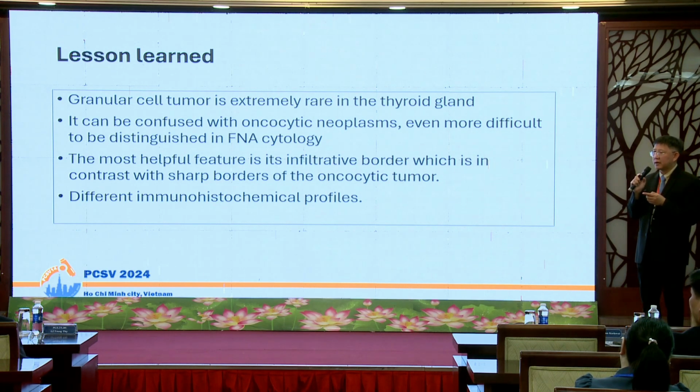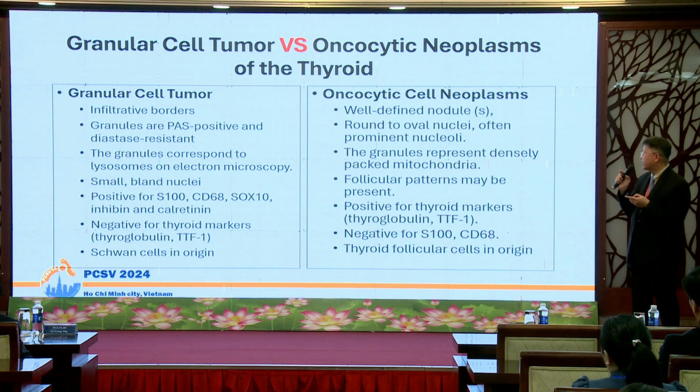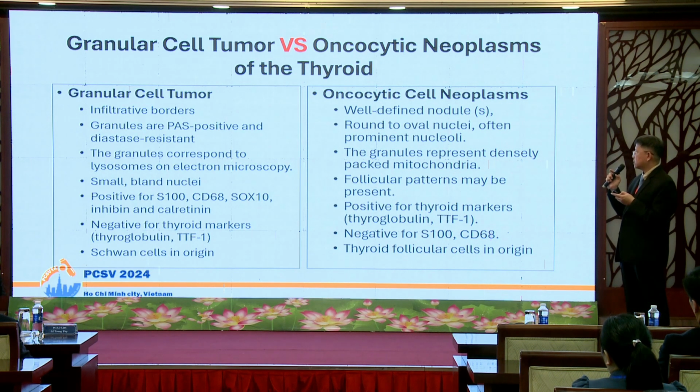You will not see an infiltrative border in the thyroid oncocytic tumor because, regardless of whether it is benign or malignant, the nodule always has a demarcated border. But with granular cell tumor, it always has an infiltrative border. So this is the difference. As I have mentioned, the infiltrative border is the key feature.